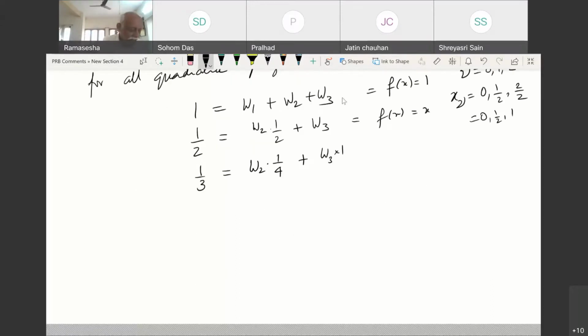I get W1 is equal to 1/6, W2 is equal to 2/3, plus W3. Okay, so this is how you get the formula for what is called ordinary integration.